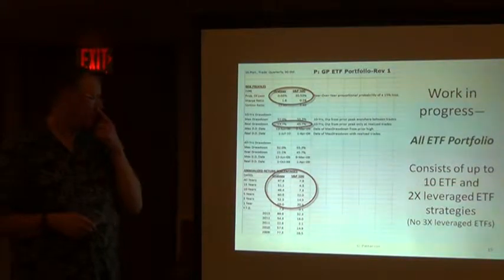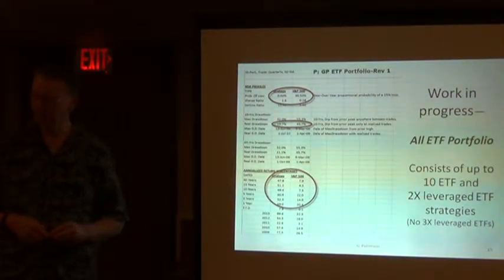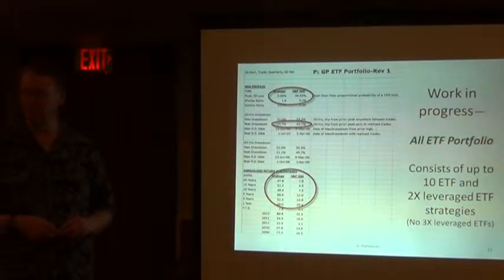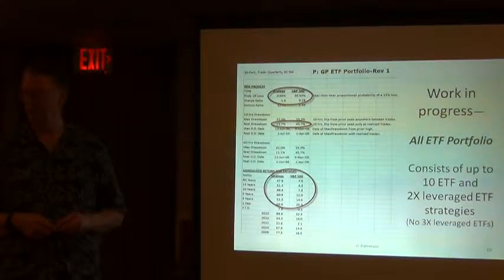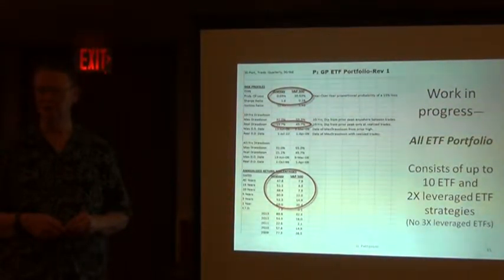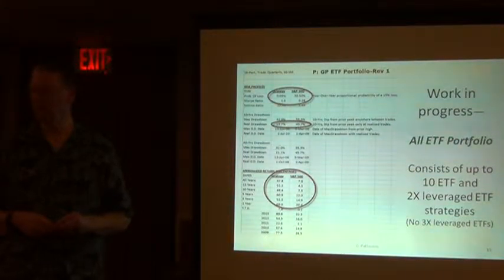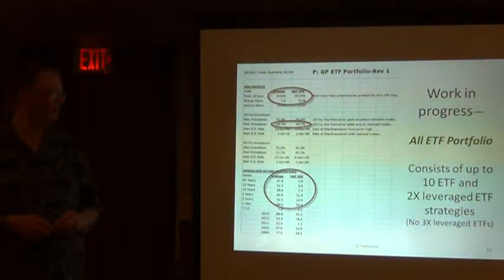Where we are right now, this has 7 strategies in it. And 4 of them are not leveraged, 3 of them are leveraged. The leveraged ones are some of the ones that Scott's used in his strategy of strategies, his samurai portfolio.